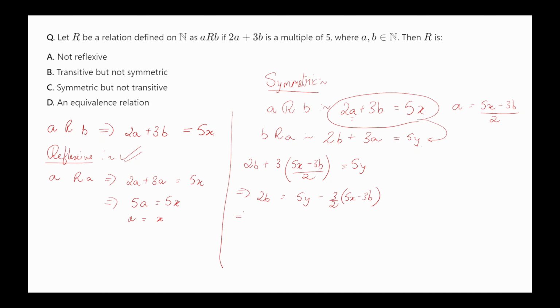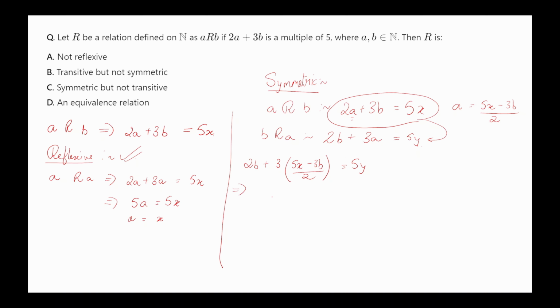So from here I'll add 3A again in this equation. 2B plus 3A should be equal to 5y minus 3 by 2 (5x minus 3B) plus 3 times A. So my point here is, can I convert this equation into, let's say, a multiple of 5?